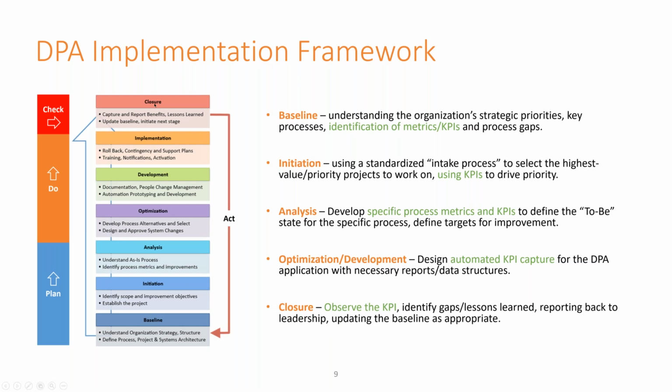And after you've rolled it out, there's some kind of process where you're observing the KPIs, capturing the gaps and the lessons learned, reporting back to leadership, and then updating the baseline as appropriate with any additional gaps or improvement opportunities. And from there, you could launch your next project.